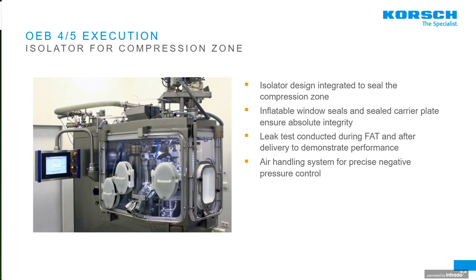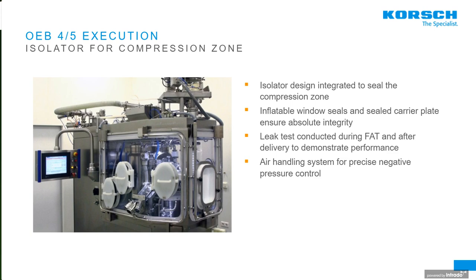The inflatable seals ensure an absolutely tight seal, and those inflatable seals are monitored in real time, so you can ensure the integrity of the seal. Most systems are going to permit you to conduct a leak test on demand, so of course during the FAT and SAT, but even before each batch, a leak test to verify that the integrity of the seal is intact before you start.